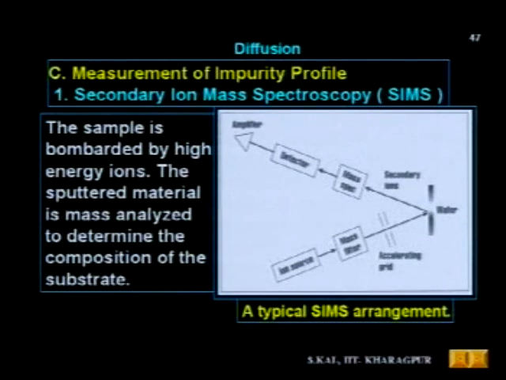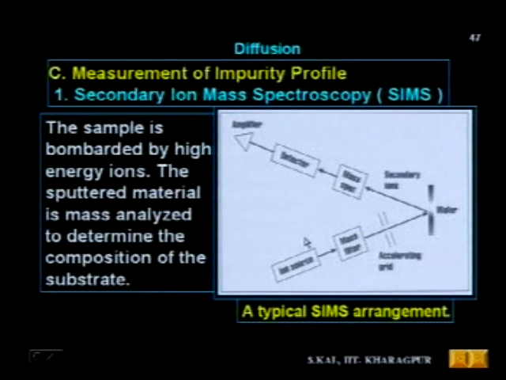So after mass analysis, it is sent to a detector, and the output of the detector is amplified and the signal is observed. Okay, and this is the basic schematic, a simple diagram of the SIMS.